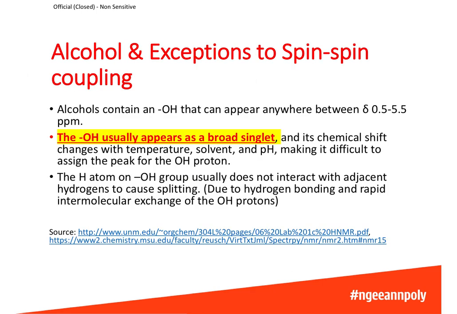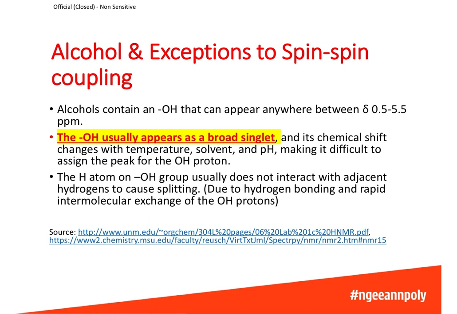We have just seen the NMR spectrum of ethanol, and we can see that the OH group or alcohol group is an exception to spin-spin coupling. The OH group of alcohols can be found in quite a wide range of chemical shifts between 0.5 to 5.5 ppm. The OH group may appear as a broad singlet, but it can also appear as a sharp peak, as what we have seen in the previous NMR spectrum.